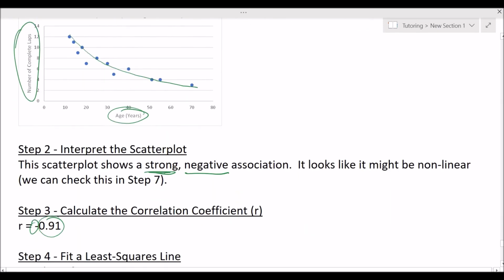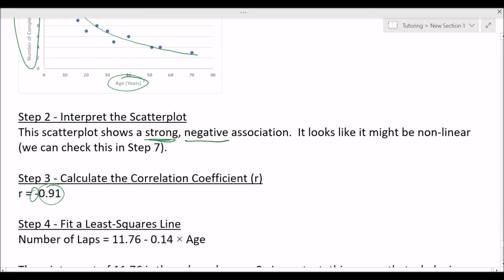So if you've done that correctly, it should look like this. The number of laps is equal to 11.76 minus 0.14 times the age of the participant. You can see in here that the slope is also negative. That's normal because it is a negative relationship.